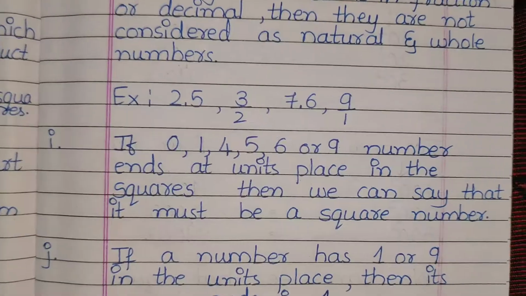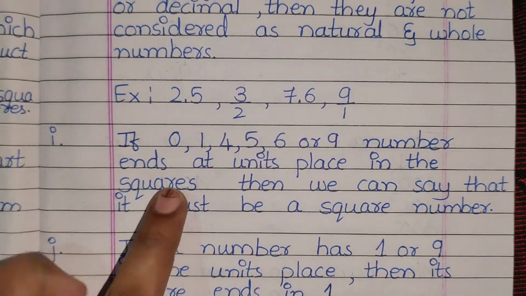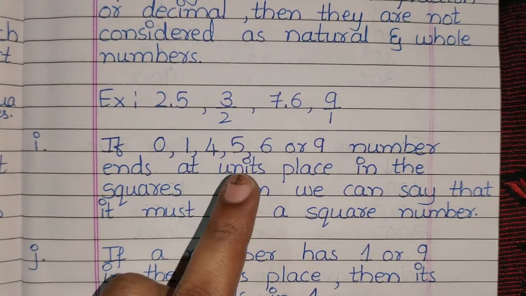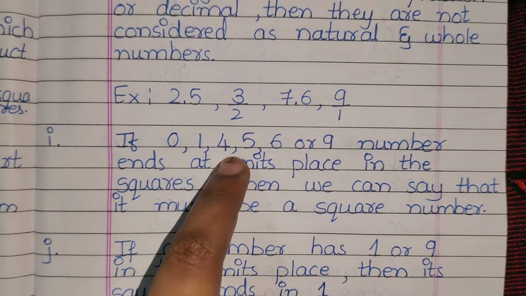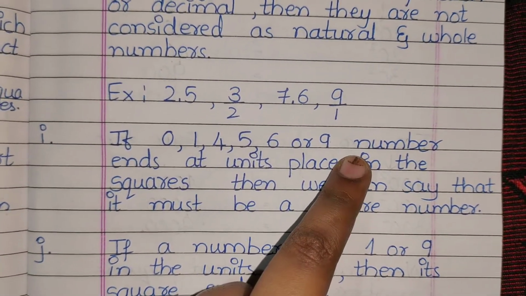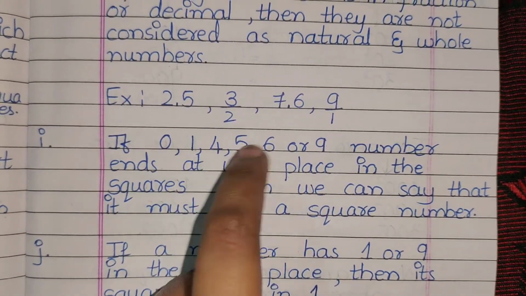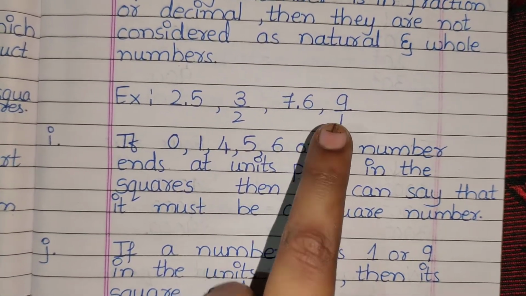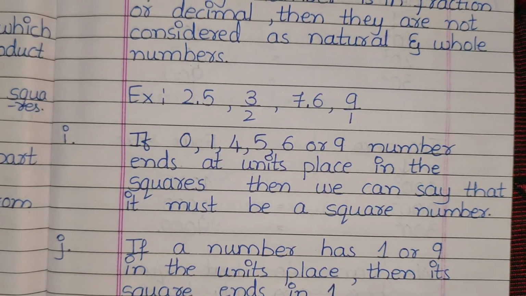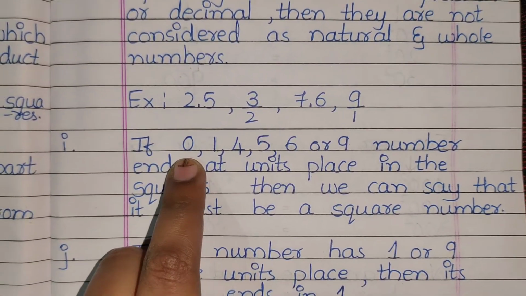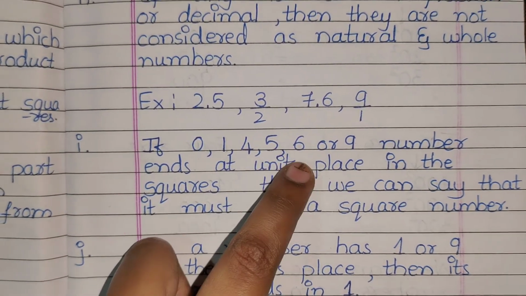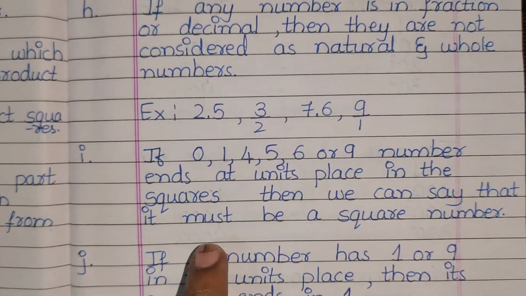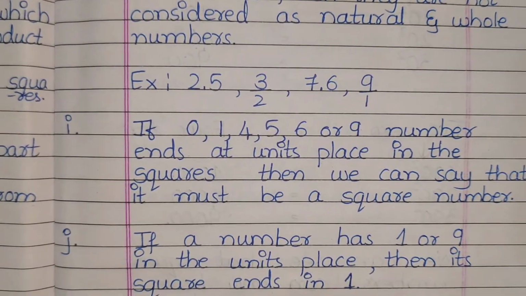Before this, look at this point. If the unit digit is 0, 1, 4, 5, 6 or 9, as I explained in the first part, then you can tell it may be a perfect square.